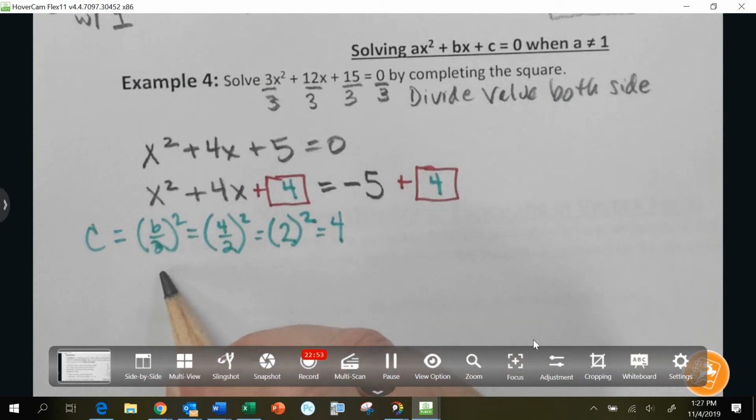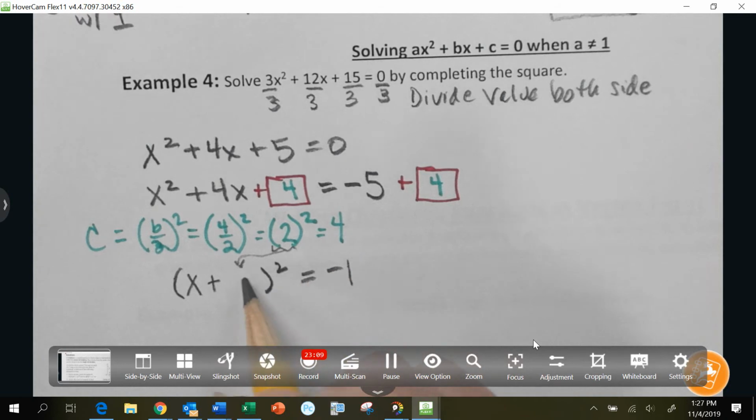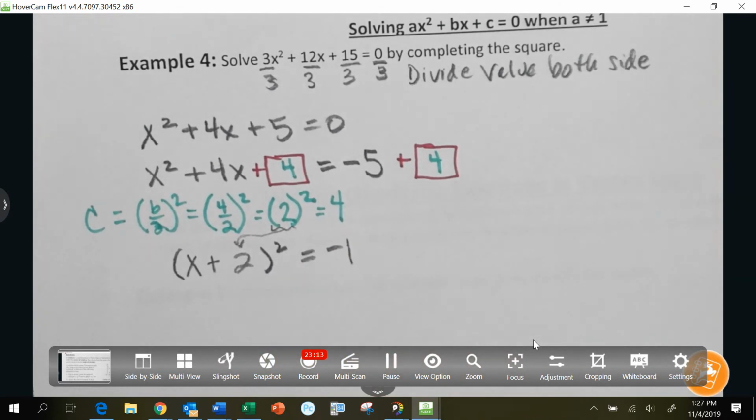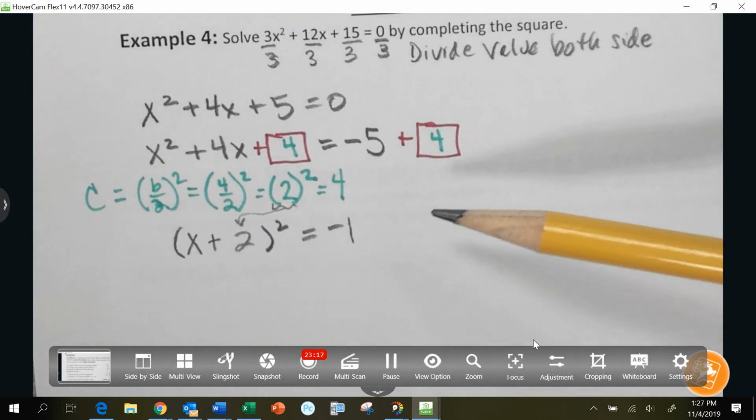Okay, so now we're going to factor it. And this will be x plus, and the number I get is the one before I squared it. 2. Okay.